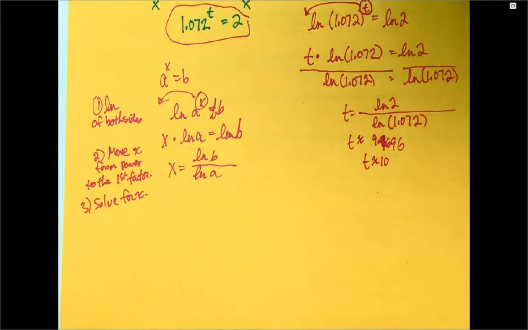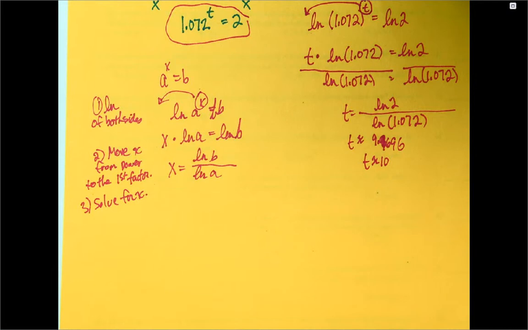You're dealing with growth factors. You're dealing with whatever factor you're going to end up with, things of that nature. So use your natural log when you can, if you need to. They're not all going to be like that, but a lot of times that's going to be a really nice thing if you're solving for the amount of time it takes for something to happen.